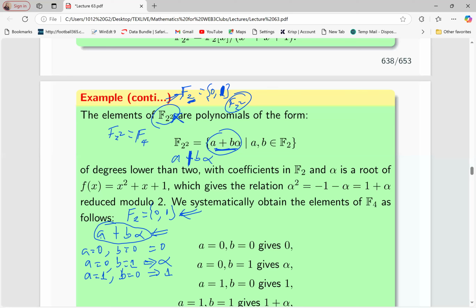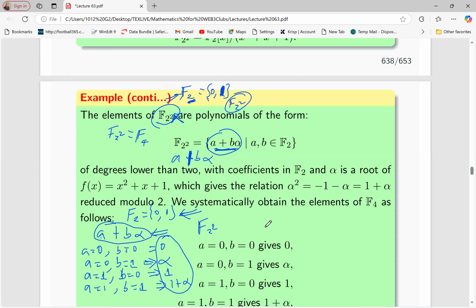The other possibility is that A can be 1 and B can also be 1. What do we get in this case? We'll have 1 plus alpha. So these are the elements of F2^2.